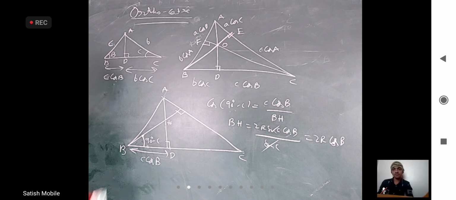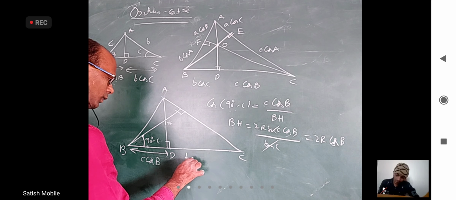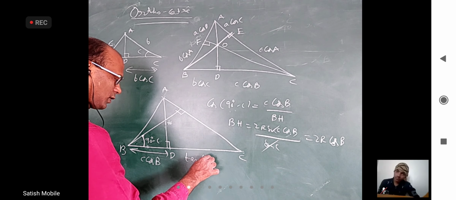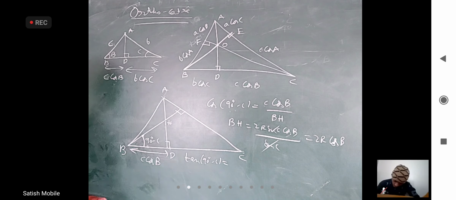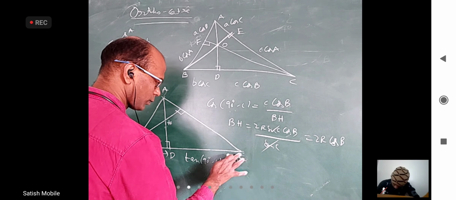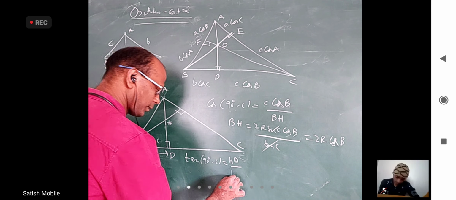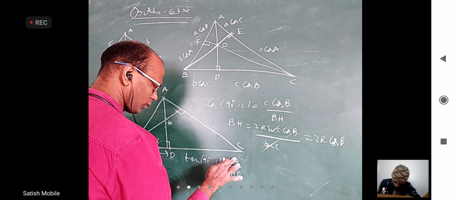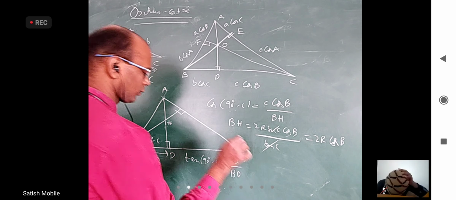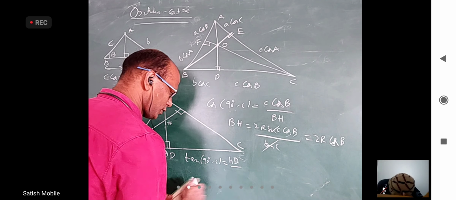I have to take tan. Tan of 90 degrees minus C. This is HD. This is BD. No, BD is C cos B, I can write it.